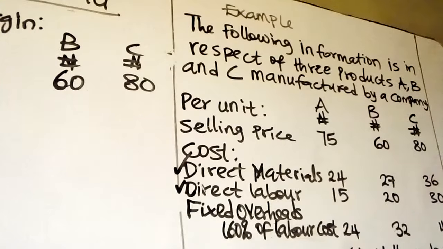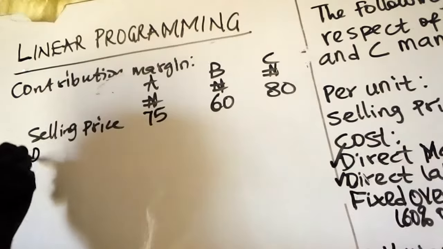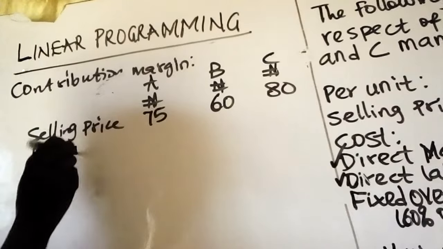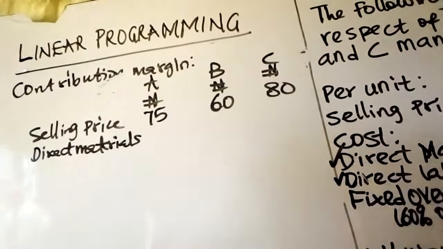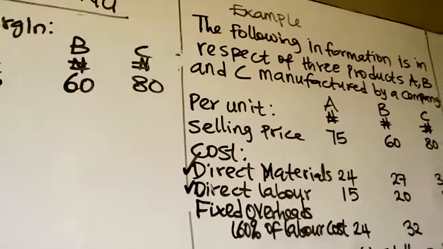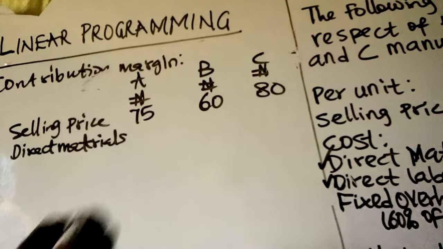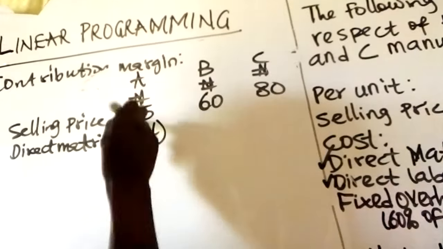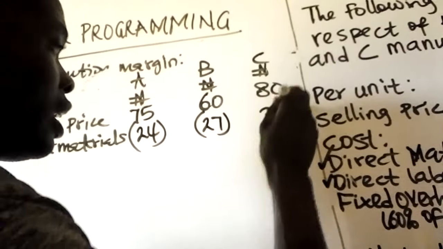Direct materials now is one of the variable costs. So now let's have direct materials. Then we have 24, 27, and 36.